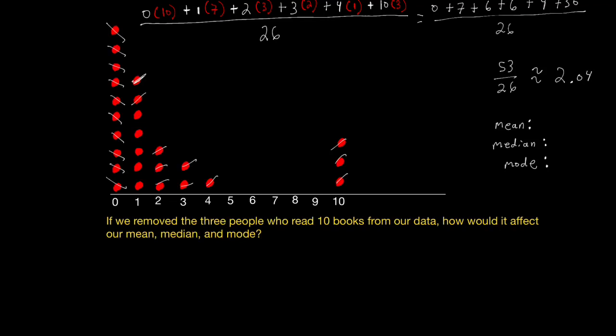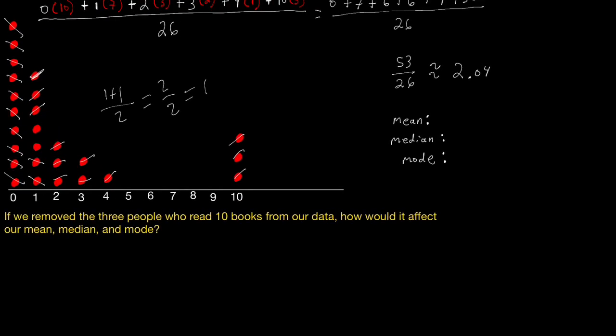Cross 1 out here, cross 1 out here. If you're just concerned, just do the whole thing. So here we have 1 plus 1, and then 1 plus 1 divided by 2. You see you get 1 as expected, so the median is 1.